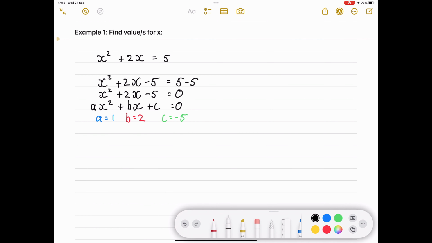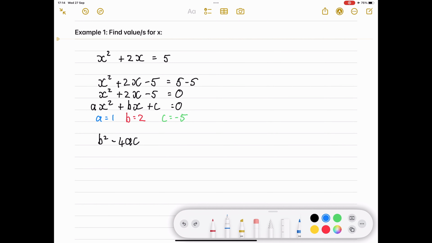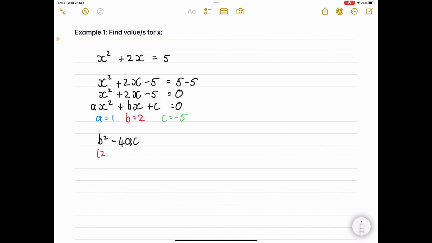Now what you can do, in the second step, is work out the discriminant to see if you can calculate the values for x and how many values for x it will have. So you can just write down your discriminant again, and now you substitute your values in. For your b, you have 2.